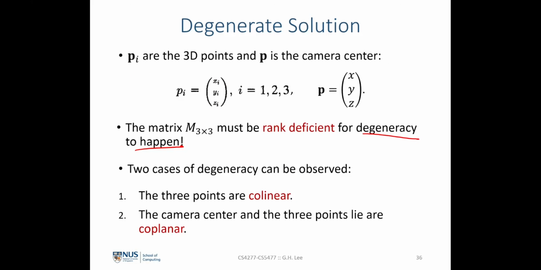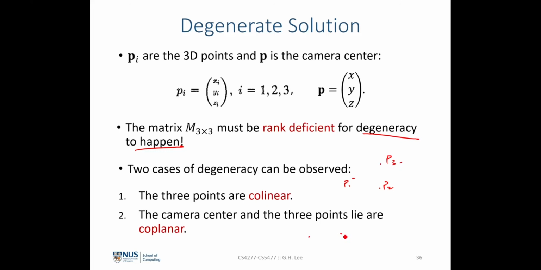We will go on to show that in the Grunert formulation, there are two cases of degeneracy that can be observed. The first case is that the 3 points P1, P2, and P3 are collinear.